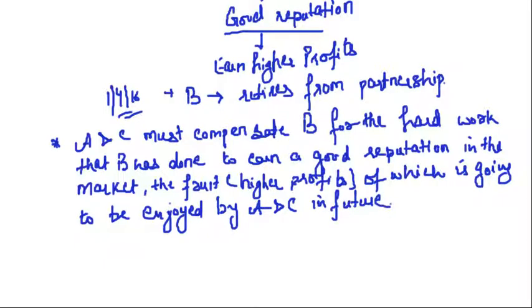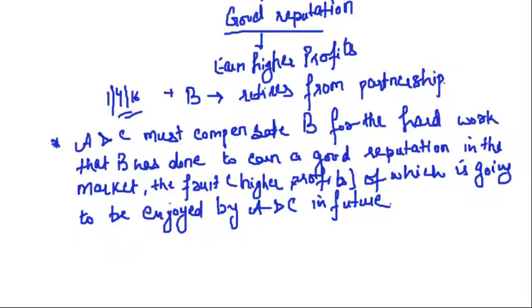Right? B also worked hard to earn a good name for the firm. And now, as B is retiring, the fruit of that hard work will be enjoyed by the remaining partners. So the remaining partners must compensate the retiring partner for the hard work that he has done to earn a good reputation in the market.